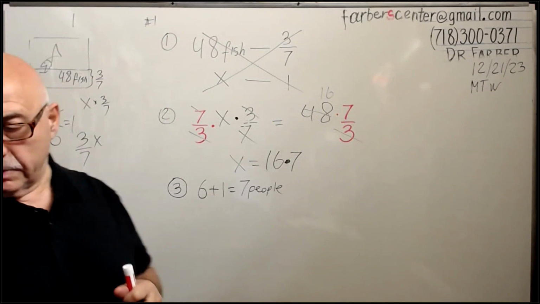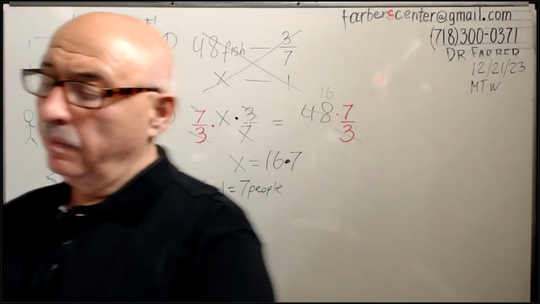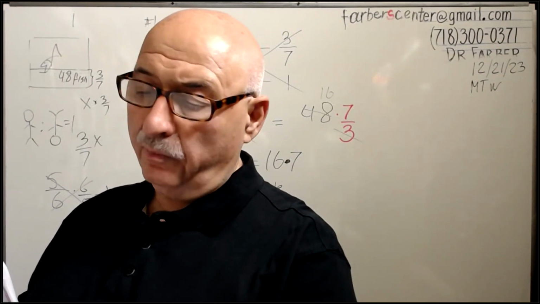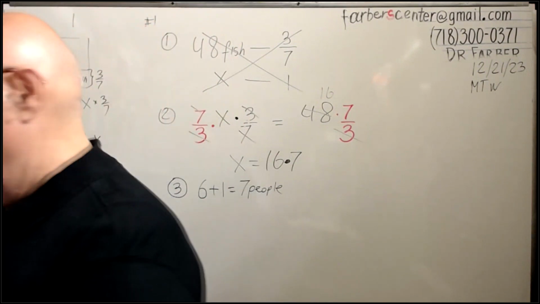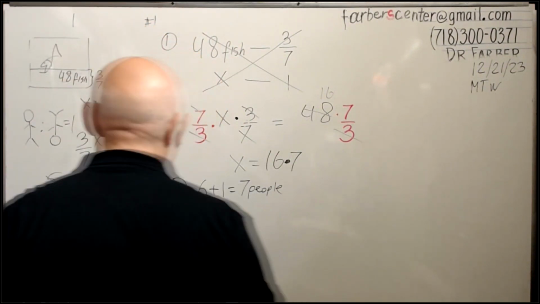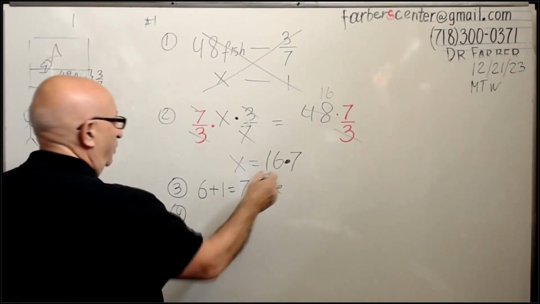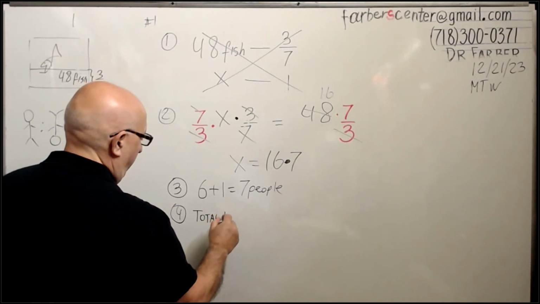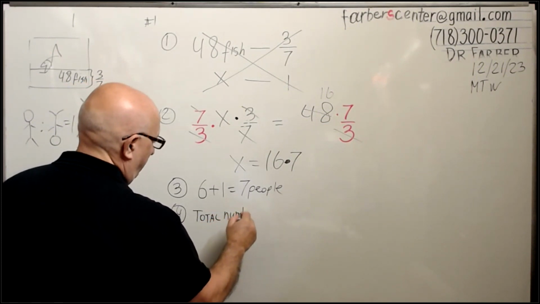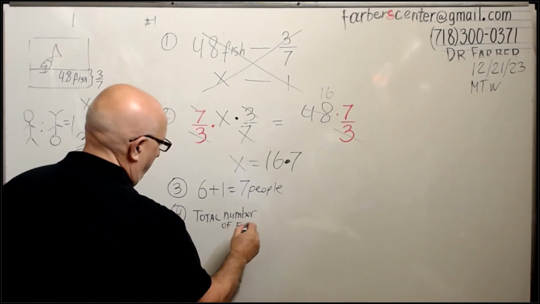And the question is, let me read this question: how many fish does each person get? Well, the very last step. Look at this. You have to divide the total number of fish by the total number of people.